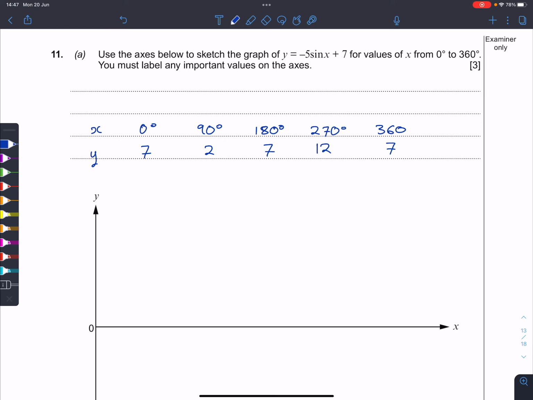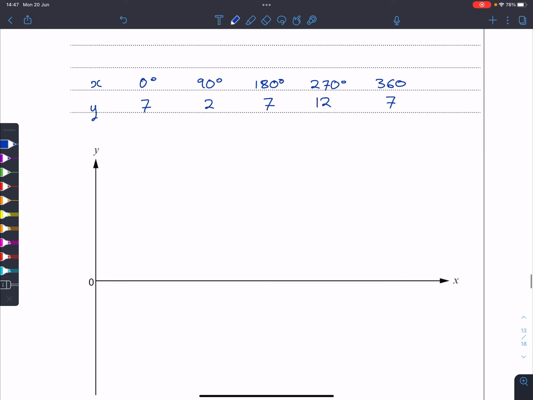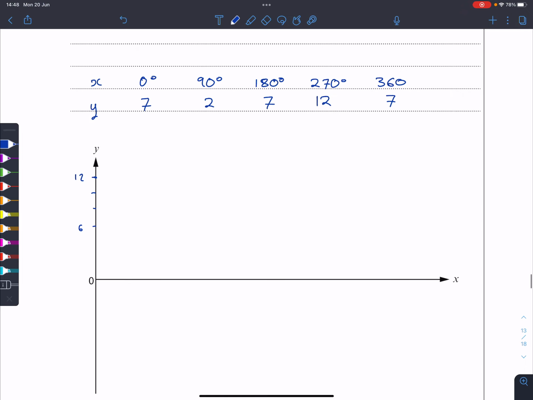Okay, so let's try and plot these points on there. So I need to go up to 12 in order to plot this. So let's try and mark this as 12. So it's only a sketch, so I'm just going to try and do 6, 8, 10, 12, and 4, 2, 0.